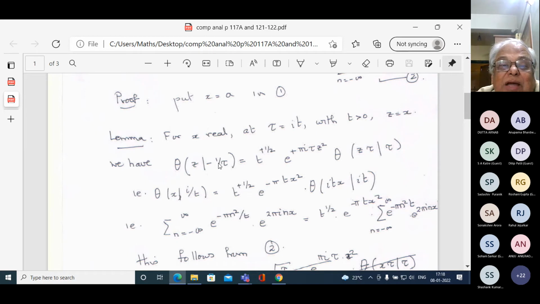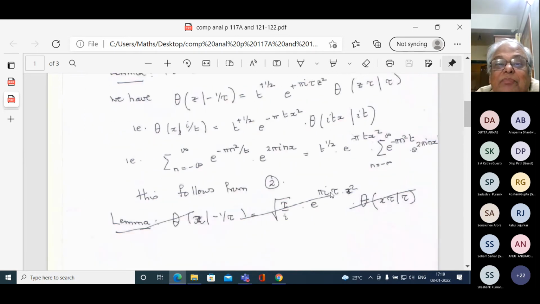When I replace tau by minus 1 by tau, tau gets multiplied into this z, and you have a tau there, and I have a factor in front of it. So this is the lemma.